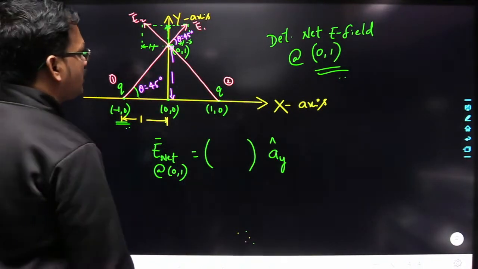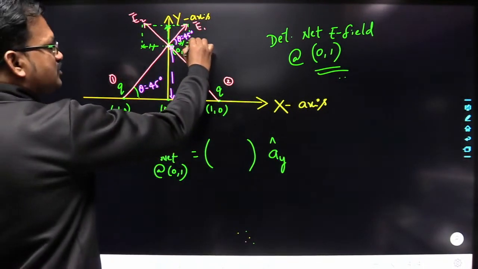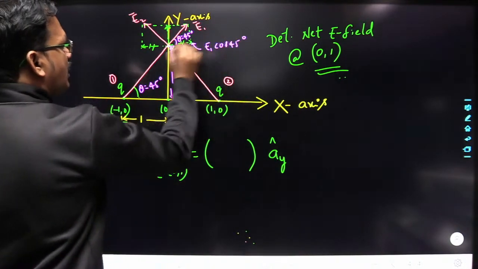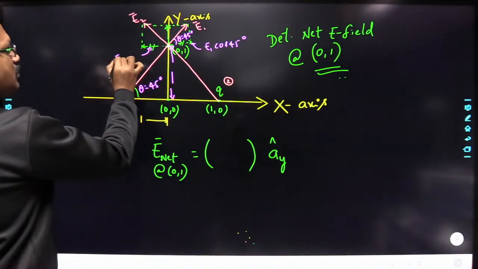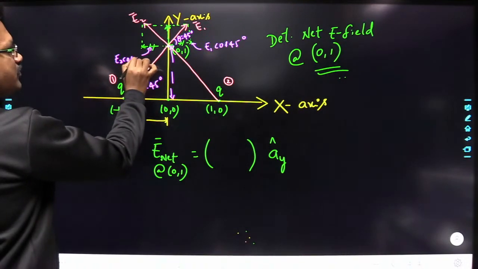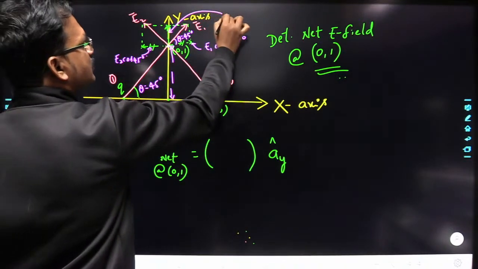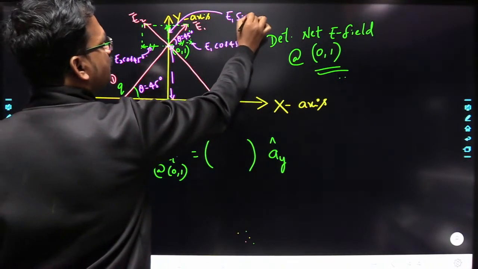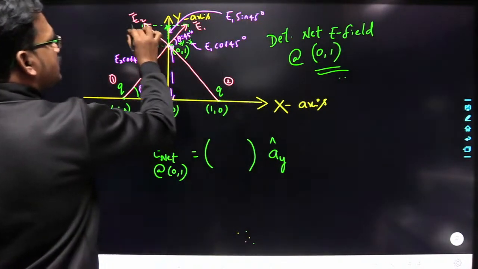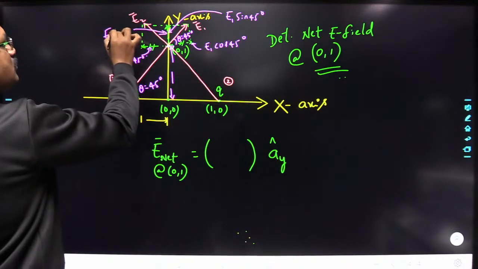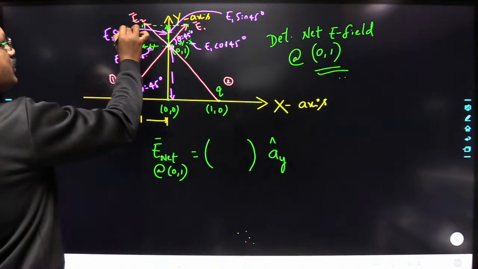Yes or no? Okay. So now this component is nothing but E1 cos 45 degrees, and this component is nothing but E2 cos 45 degrees, right? And this component here is nothing but E1 sin 45 degrees, and the y component of E2 is nothing but E2 sin 45 degrees, right?